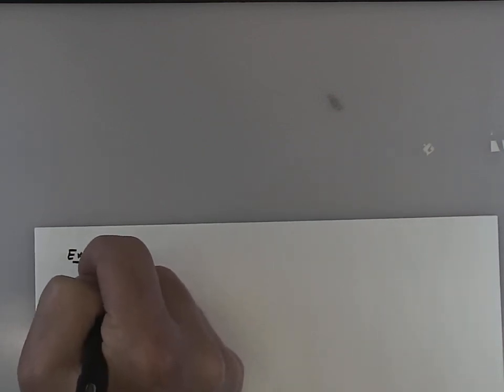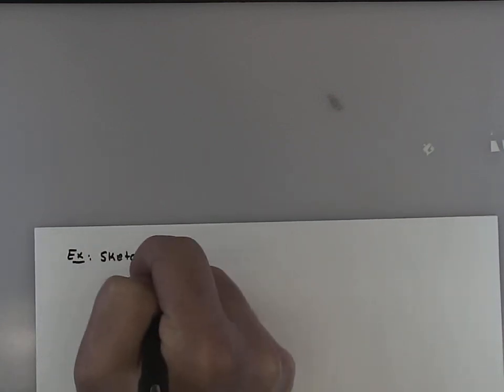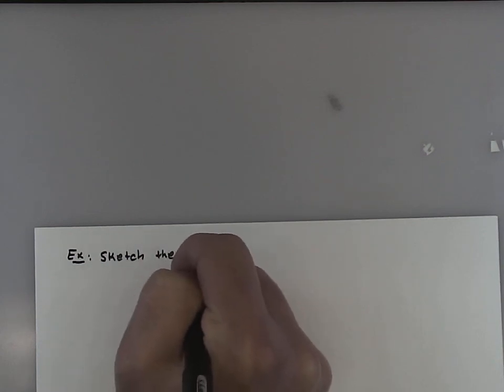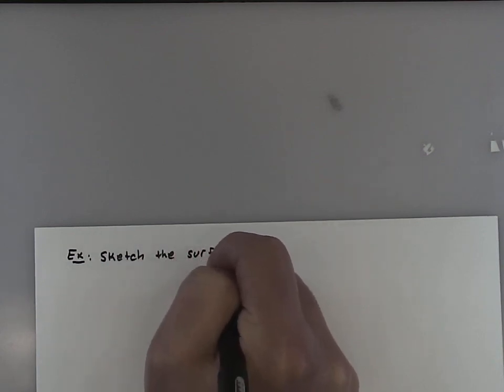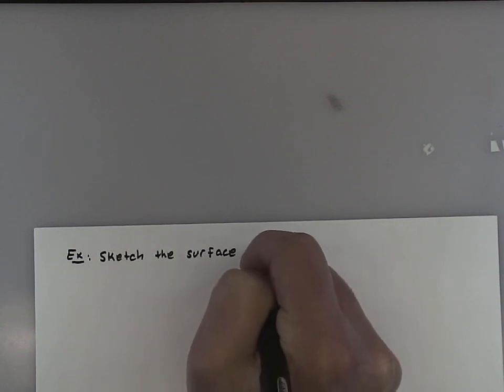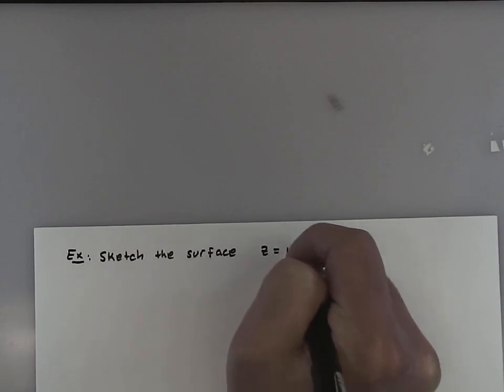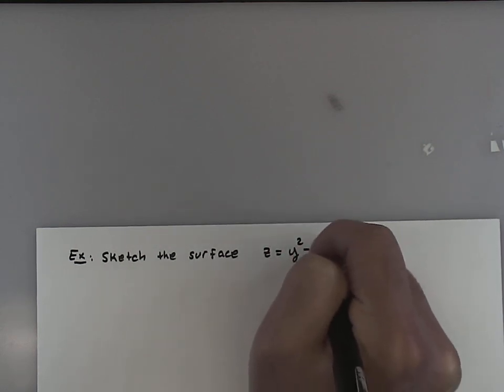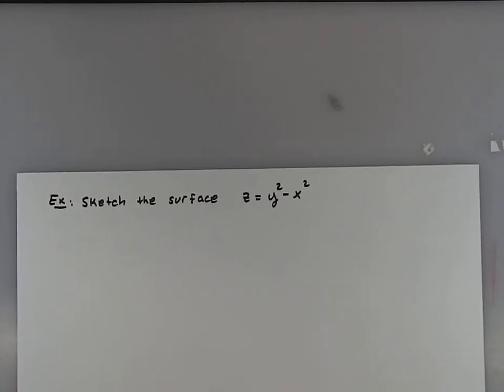Sketch the surface. z is equal to y squared minus x squared.